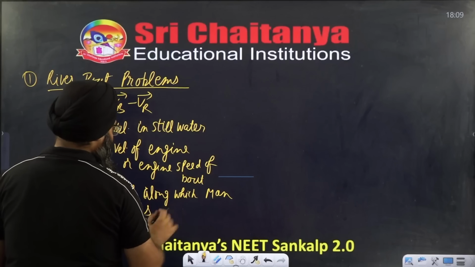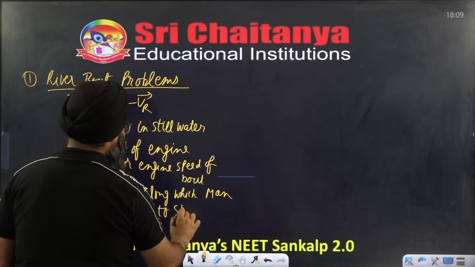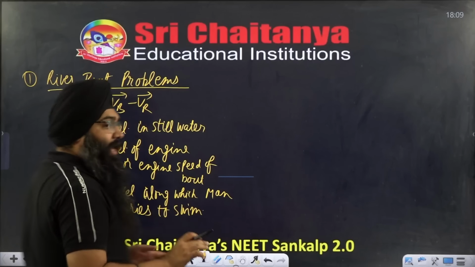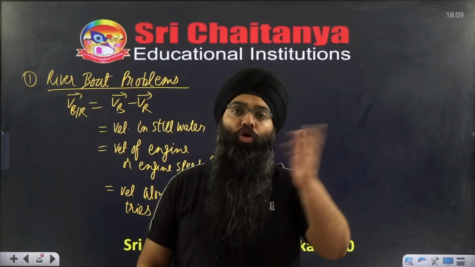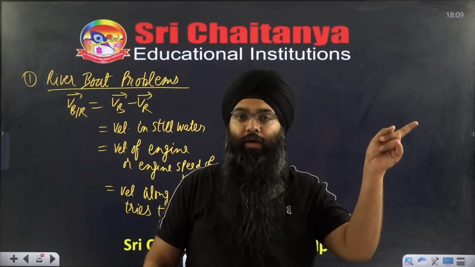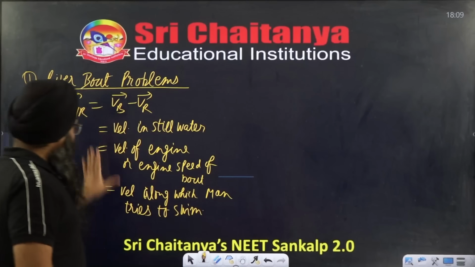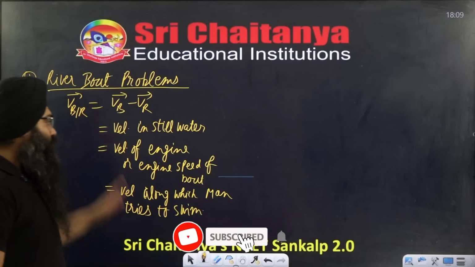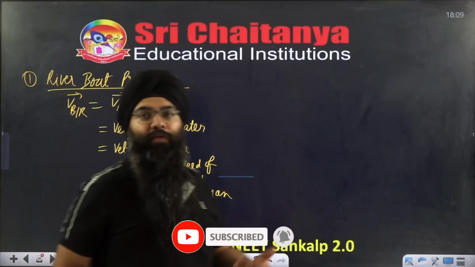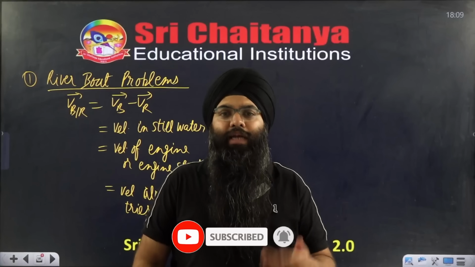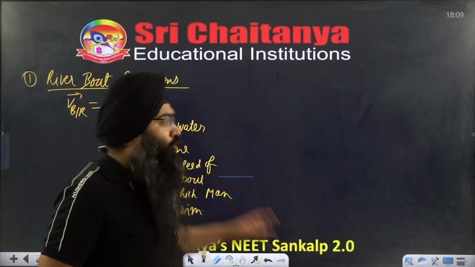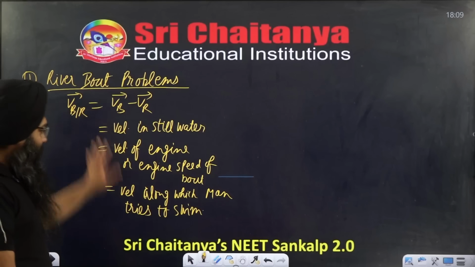Always remember, in whichever direction boat or man is trying to row or trying to swim, it will not actually go there because the river velocity will actually take it somewhere else. But these are the terminologies which are used in the questions. If they will give you what is the velocity in still water, indirectly they are asking you to calculate the velocity of boat with respect to river. Okay? So these terms you should know.